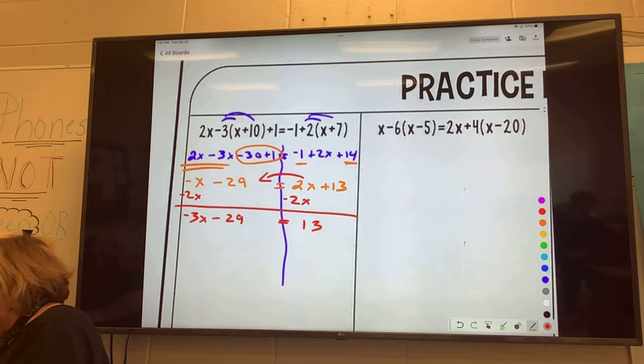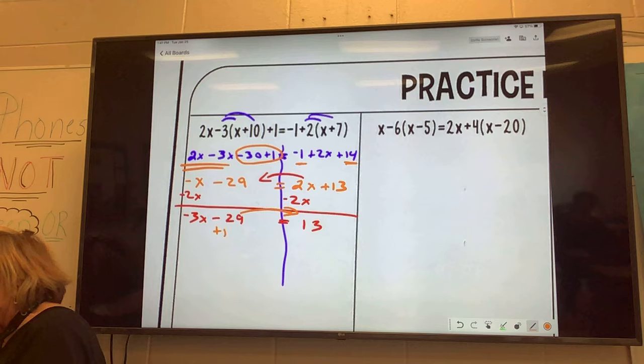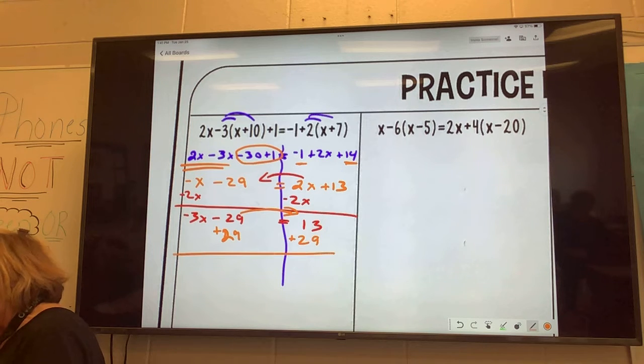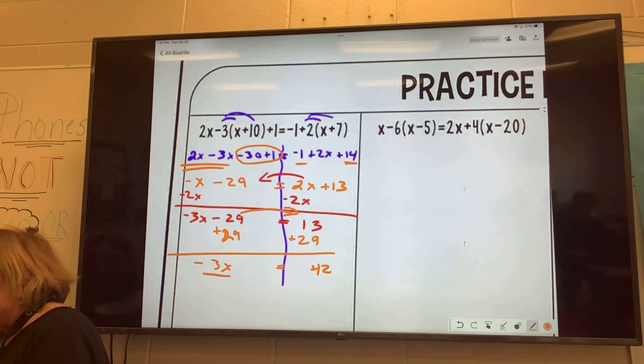Now I'm going to move the -29 over there by doing the opposite, adding 29. -3x equals 42. Divide by -3, and x equals what?